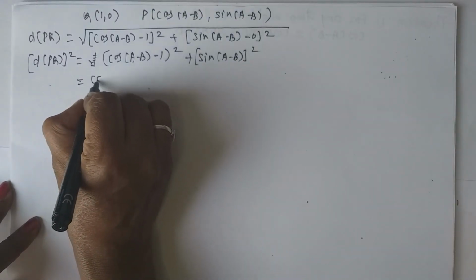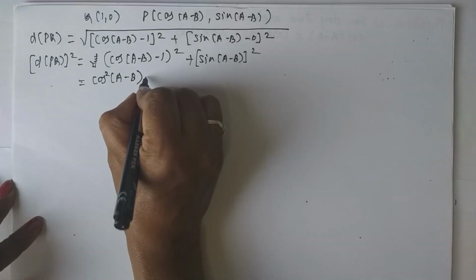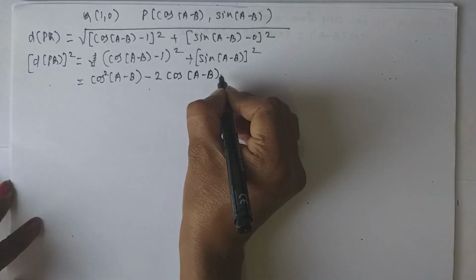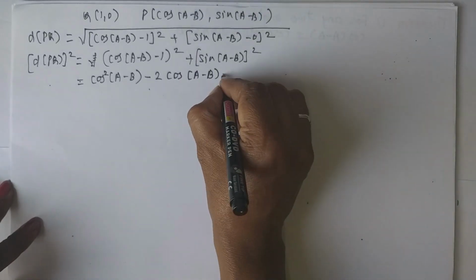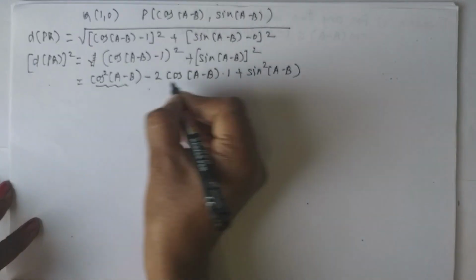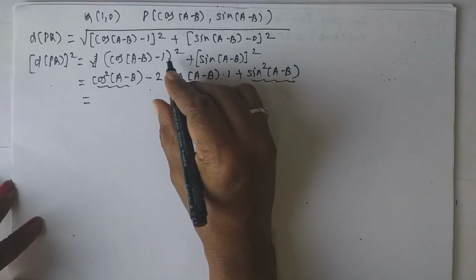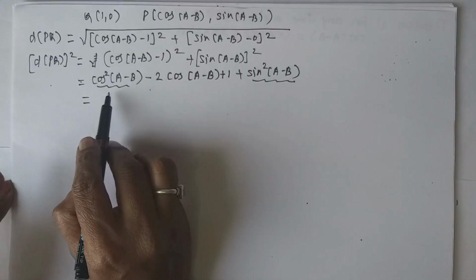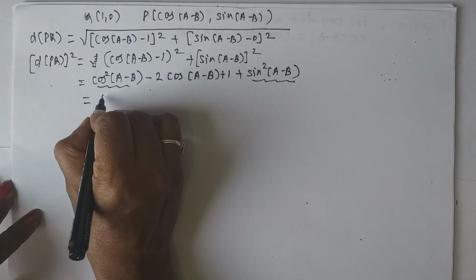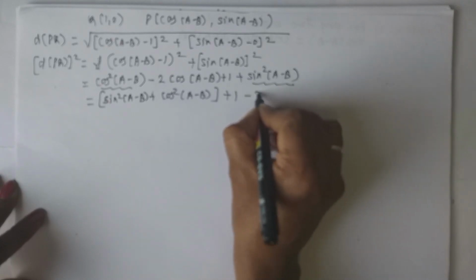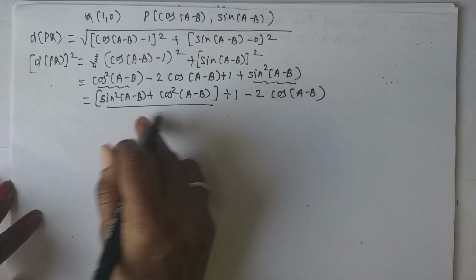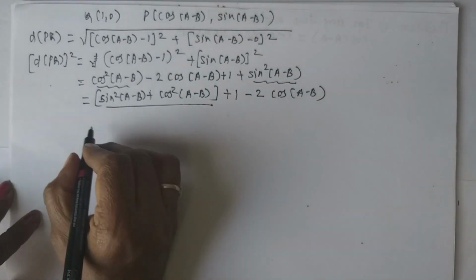Then this is nothing but cos squared (A minus B) minus 2 times first term into second term. The first term is cos(A minus B) and the second term is simply 1, plus 1, plus sin squared (A minus B). Now I will take these two terms together. Use the first identity: sin squared (A minus B) plus cos squared (A minus B) will be 1.